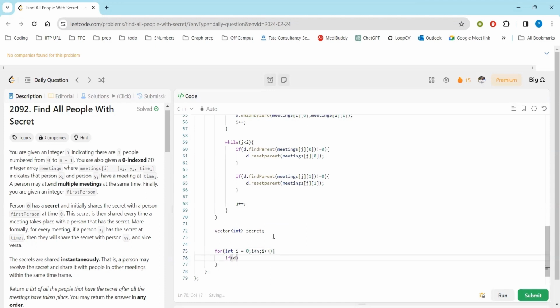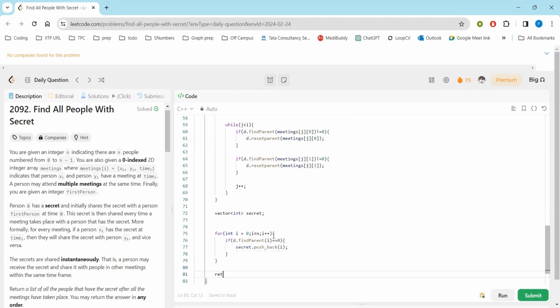And we will see if the ultimate parent of this person I is 0. That means this person knows the secret. We will push the person inside this vector. Now, at the end, we will return the secret.